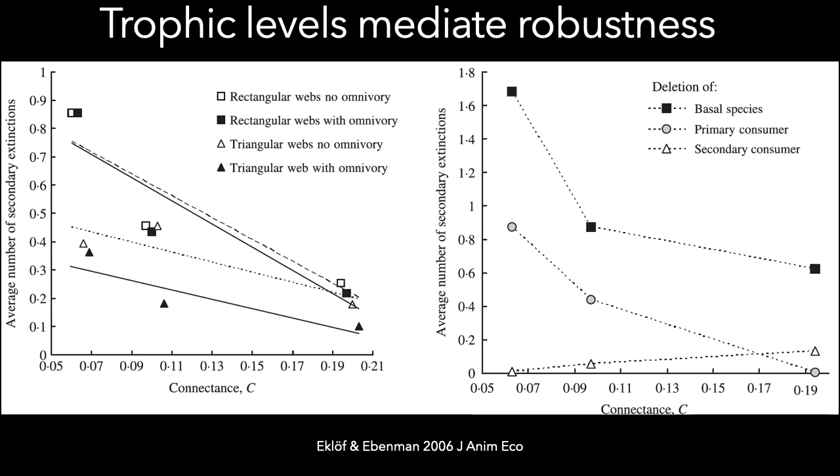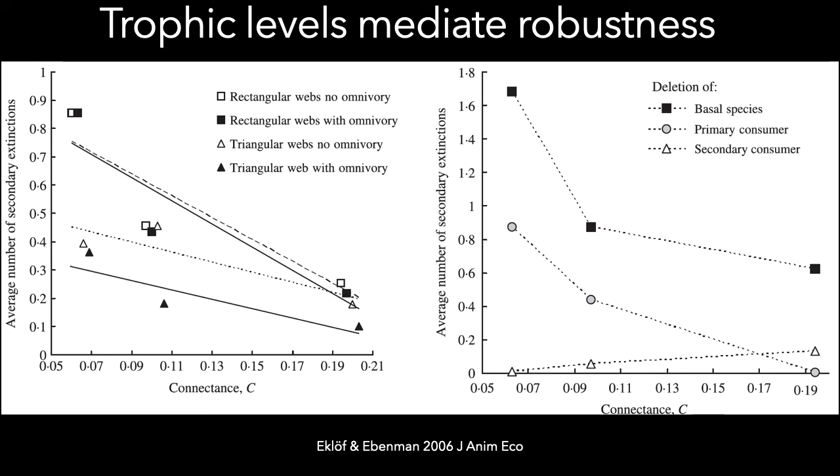In the left side of the display, we have those models where rectangular or triangular food webs were including omnivory or not. The models were generated for an increase in connectance as on the x-axis, and on the y-axis, again, we have the average number of extinctions.